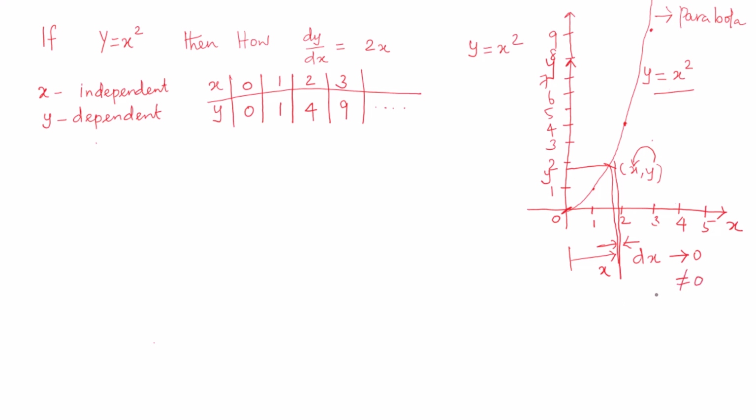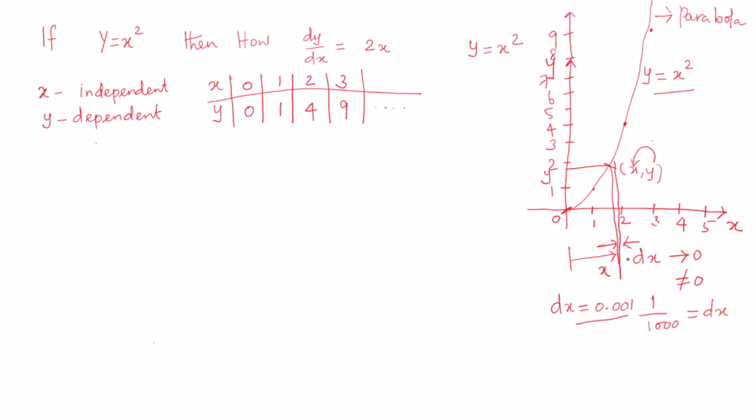That means if it is 1, 2, 3, 4, 5 like this, it may be 1 divided by 1000, just like this. 1 divided by 1000 will be equal to dx. So dx may be equal to 0.001, a very small amount.